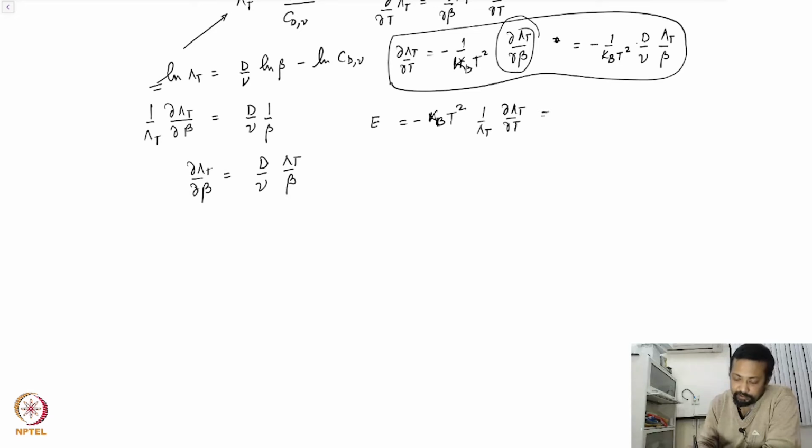Anyway, since we have done it, let's just go ahead with kB T squared over lambda t, del lambda del T, which I know is minus 1 over kB T squared d over nu lambda t over beta. So this cancels out, this cancels out, and I have the nice expression d over nu kBT.